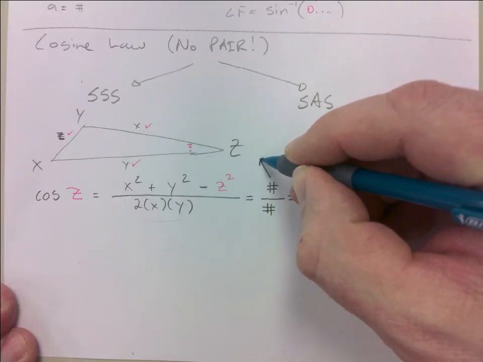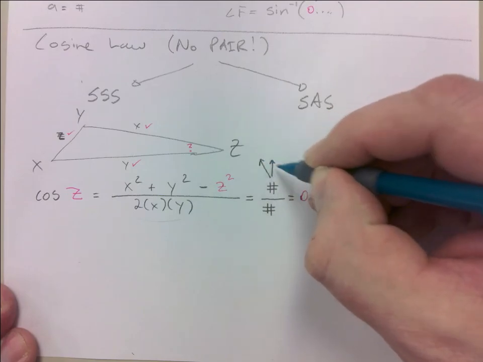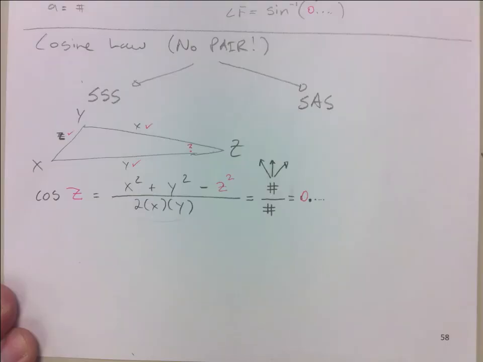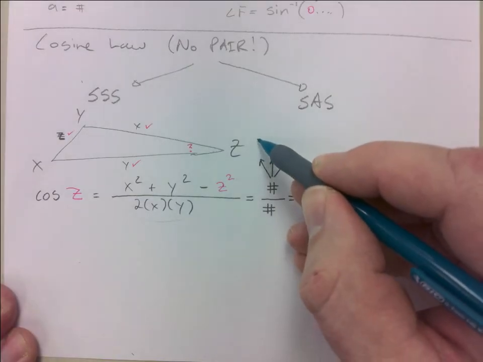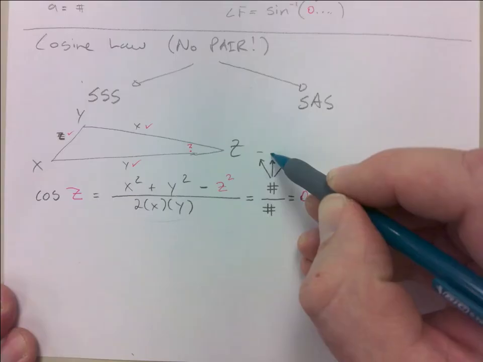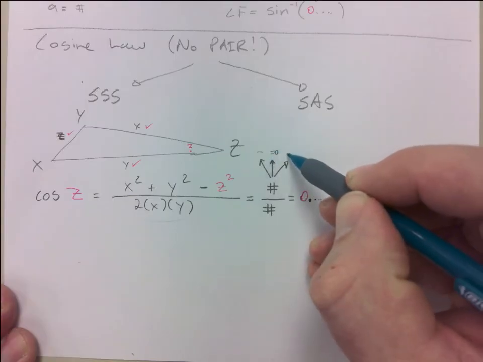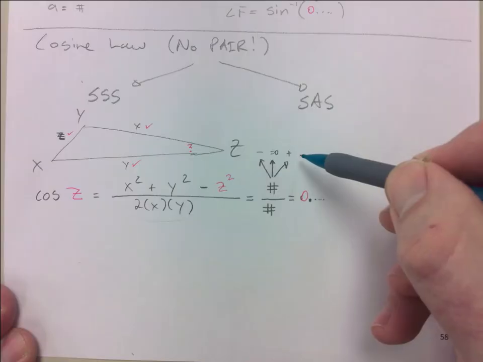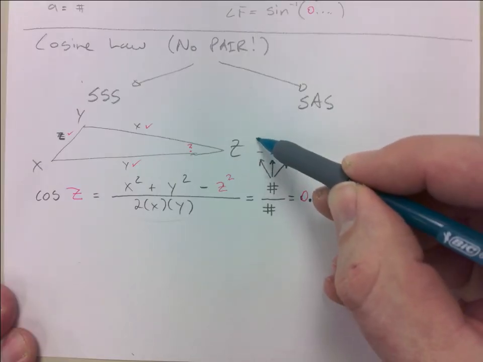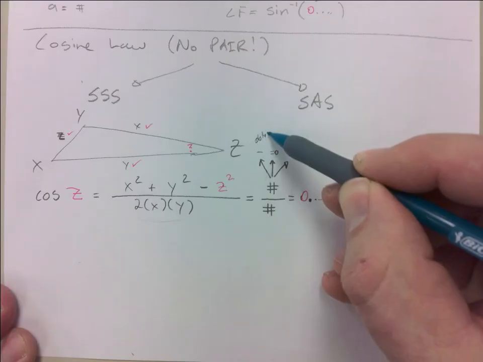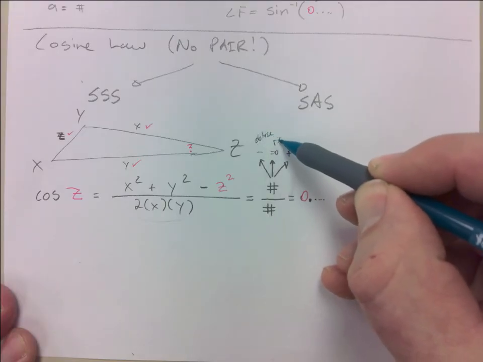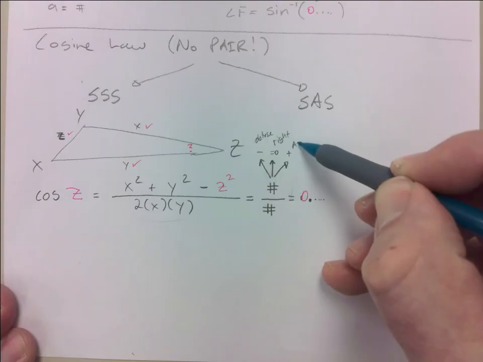If this is, watch this, right? If it's negative, if it's equal to 0, and if it's positive, those are your 3 scenarios. Negative is obtuse, right, acute.